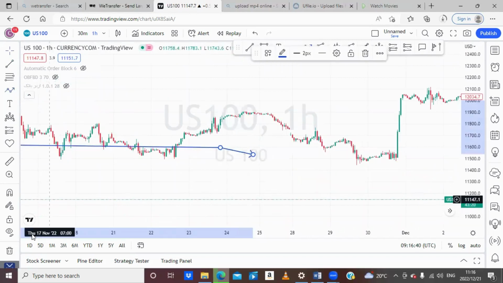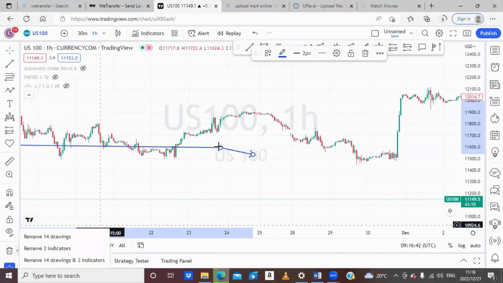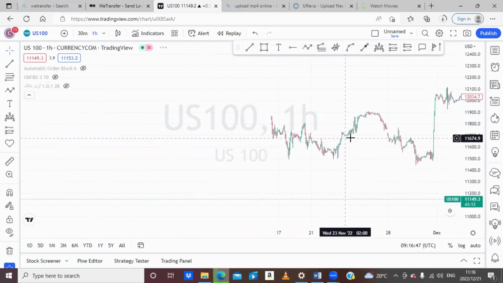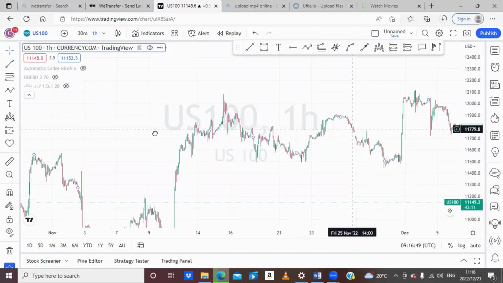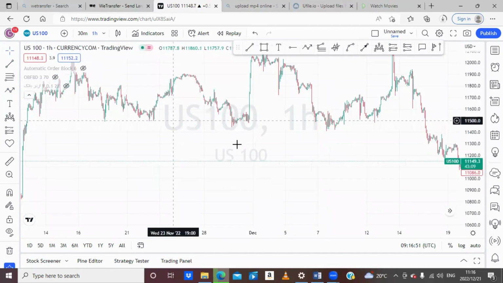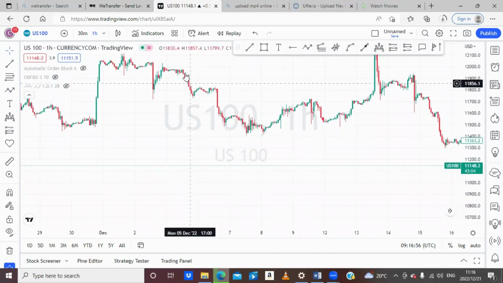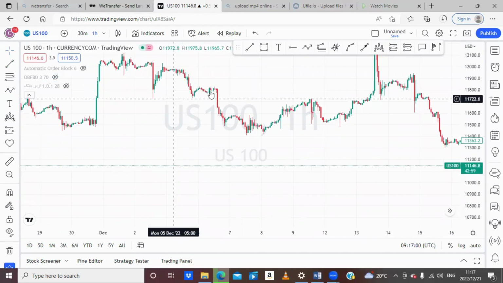What's happening now? These are the kind of trades you can take very easily. It shows you there's a continuation of the movement. Same thing happening here. You see a major drop, a little bit of uptrend, boom, same thing happening.